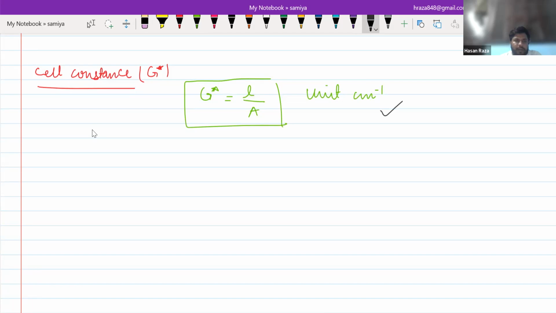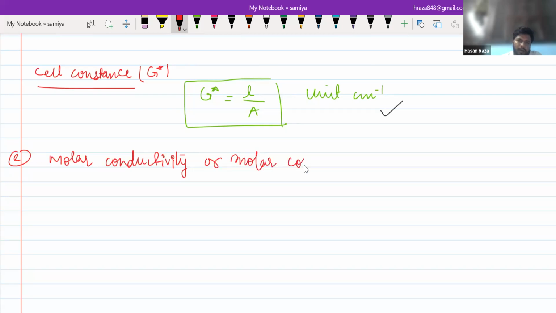And after that, you are going to take another term, that is molar conductivity, or we can call it molar conductance.